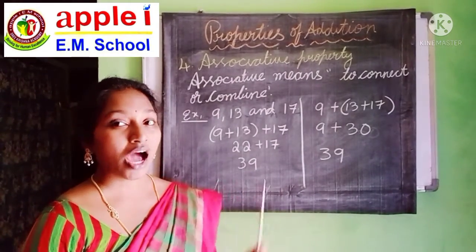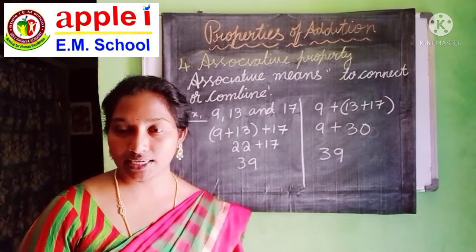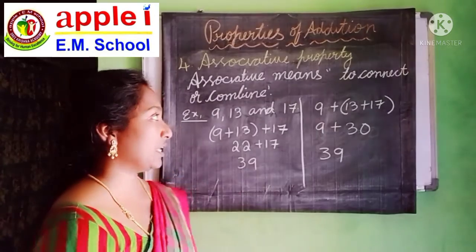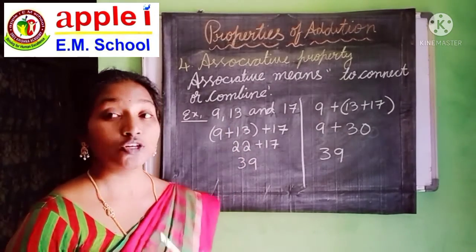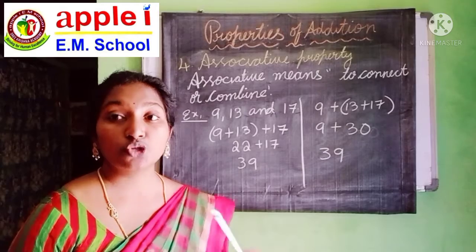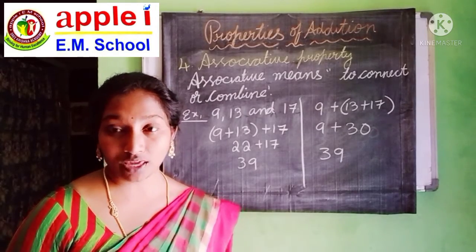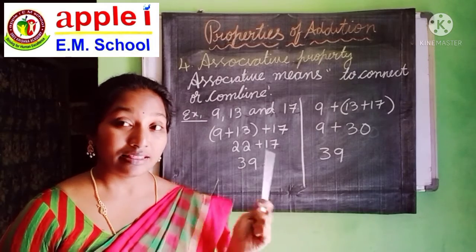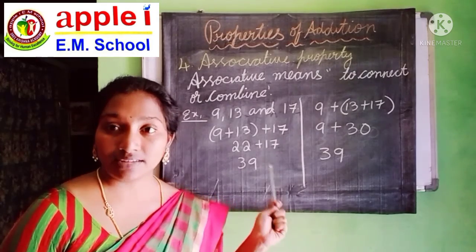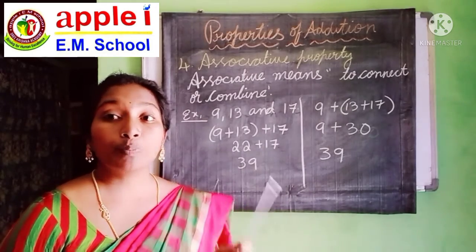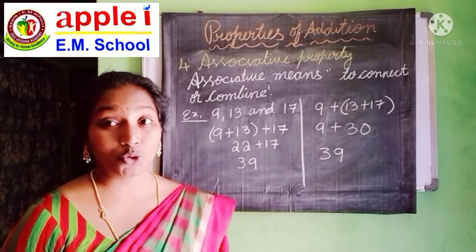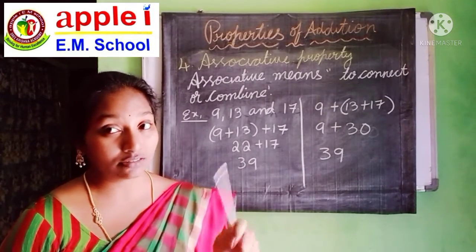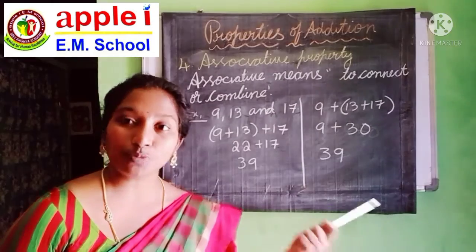Fourth one, associative property. Associative means to connect or to combine. This we have already learned in the previous class. It is nothing but grouping of addends. Grouping of addends property is also known as associative property.